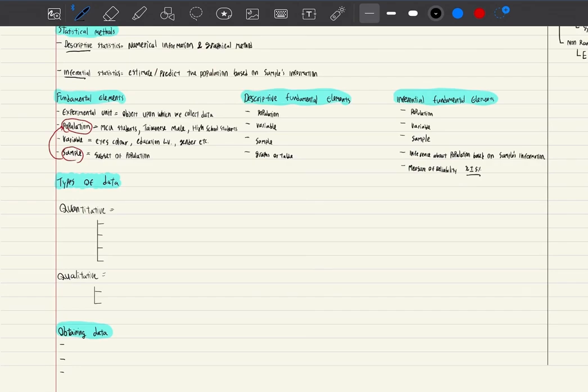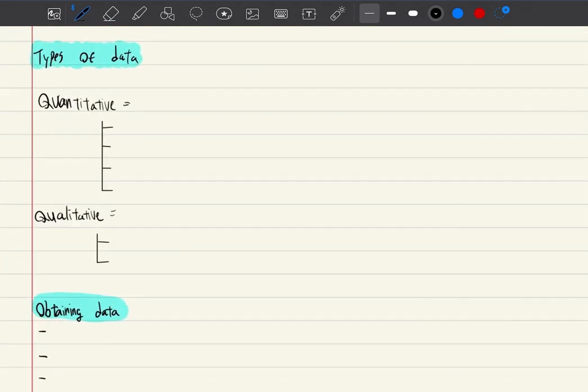The next one is types of data. We have two types of data, and we have 4 and 2 subsets of them.